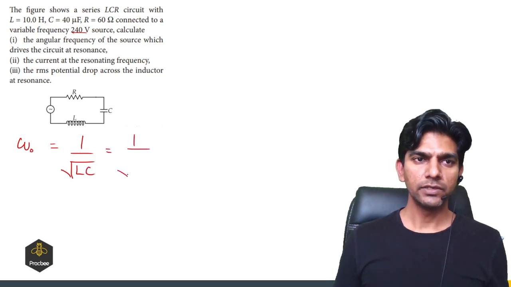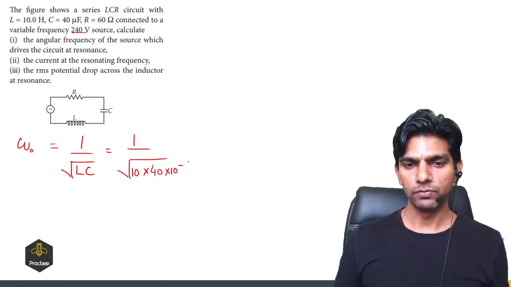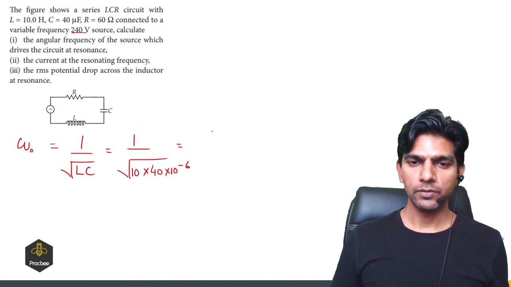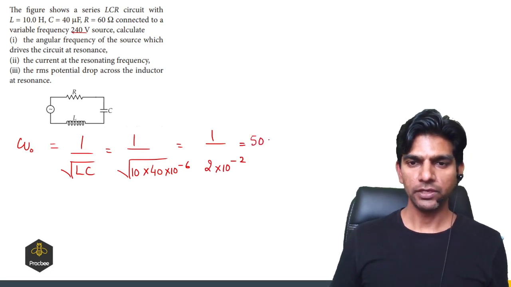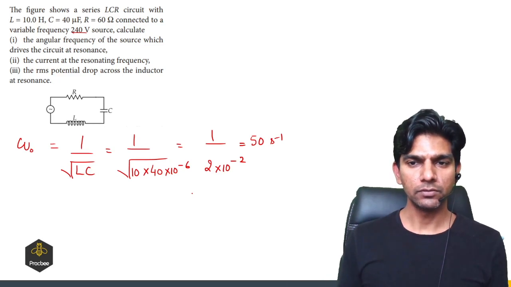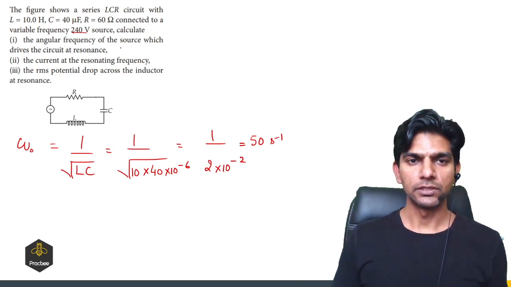L is given as 10 Henry, and C is given as 40 microfarad, so 40 times 10 raised to minus 6. And this can be written as 2 times 10 raised to power minus 2. So it will be 50 second inverse. So 50 radian per second will be the resonating angular frequency.